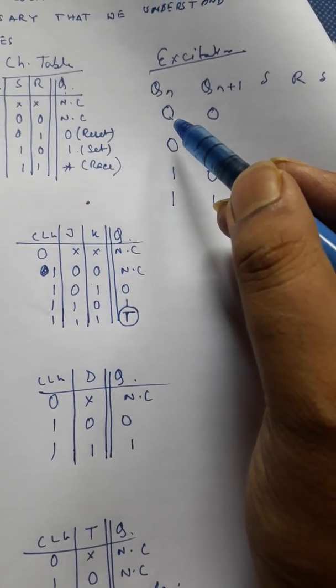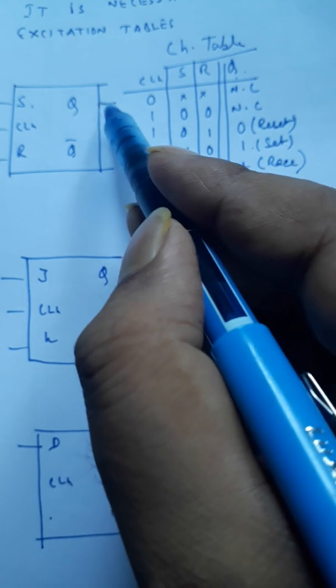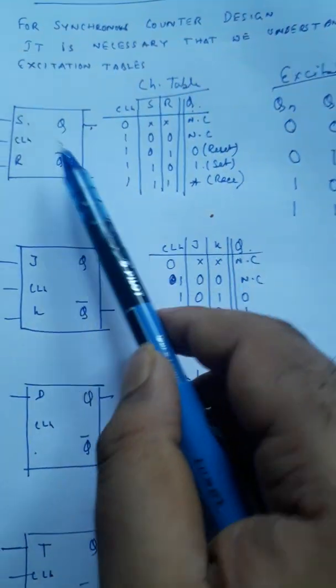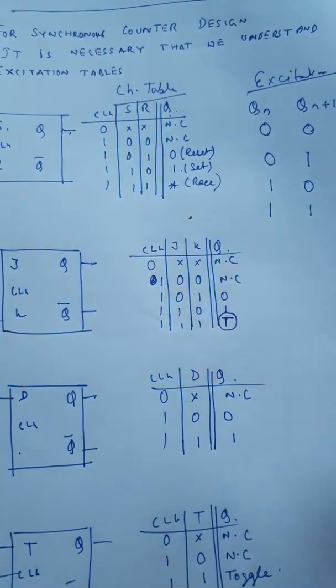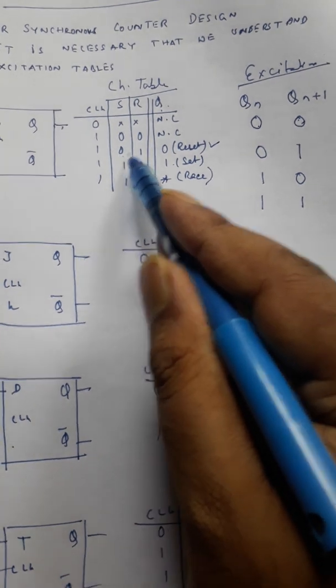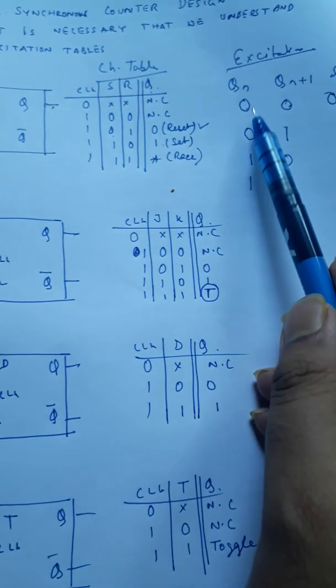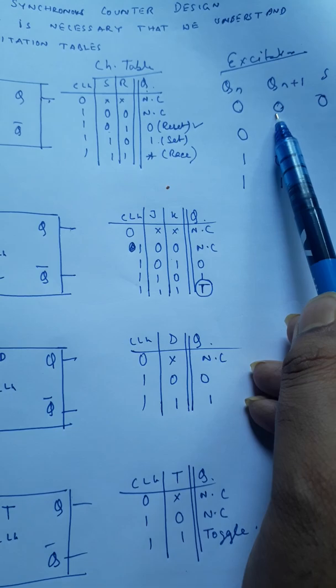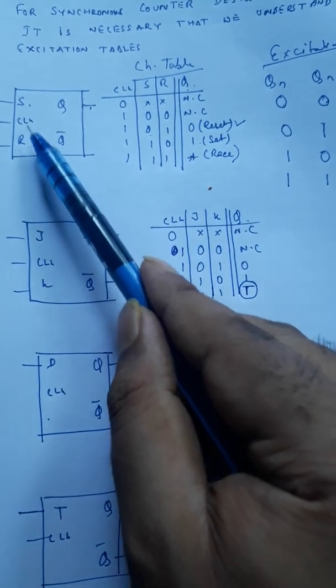See, if the output changes from 0 to 0, that means the output Q was 0, and it is now also 0. What does it mean? It means that maybe the flip-flop is reset, because output 0 is only possible when the flip-flop is reset. And what is the condition for reset? The condition for reset is S0, R1. So we write here 0, 1. There is another thing: the output was 0 and now it is also 0. It means that the flip-flop was maybe in no change state.